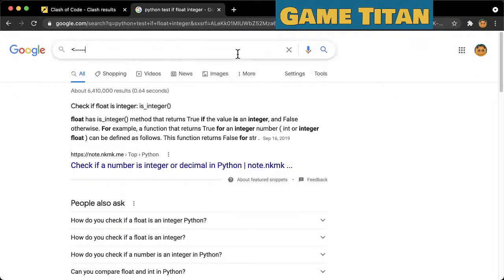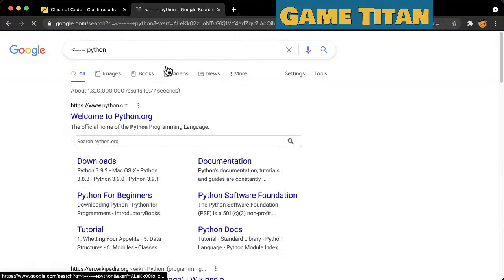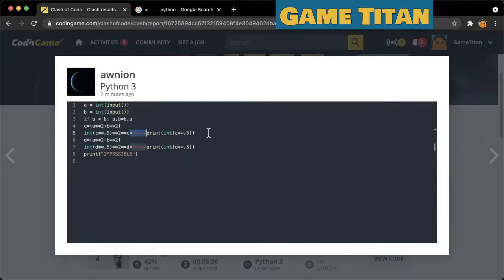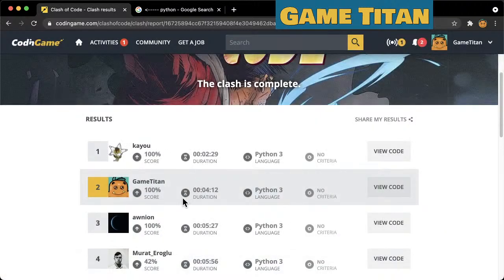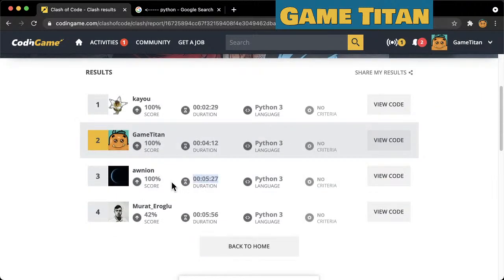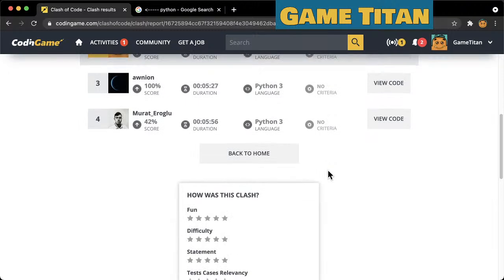Is this for real? It's all red. What operator is this? Right. I don't know how you got the code to submit 100%. That's pretty cool.